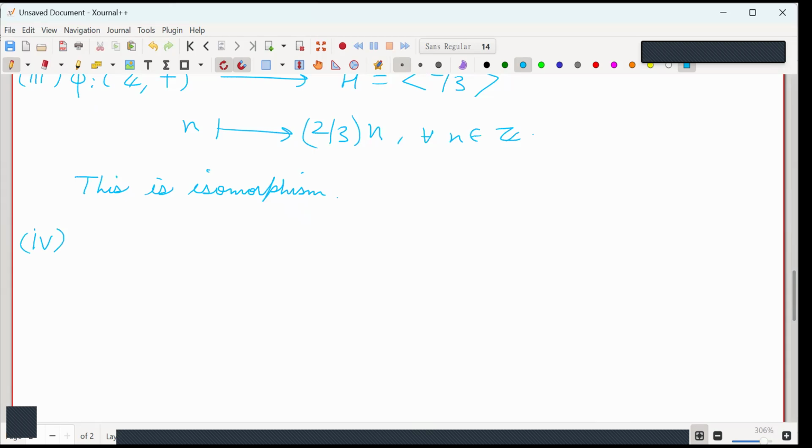So suppose there's some isomorphism phi from, I'm denoting it by Z6, the cyclic group of order 6, to S3.